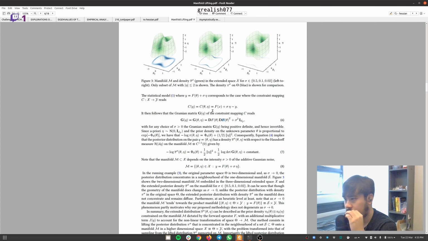Wait, how do we know it's strictly invertible? Oh, because in this case we have a sigma squared. It's not very clear then. Okay.